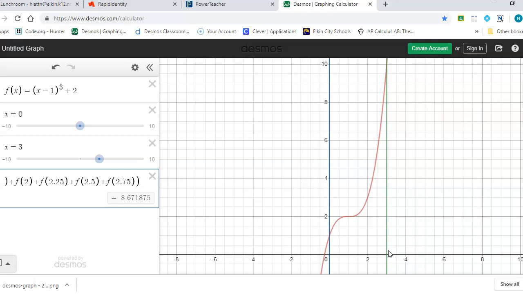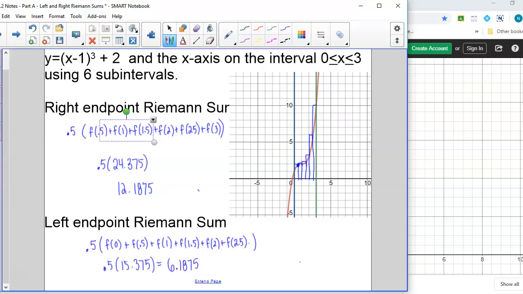If I'm doing the left, we would start using 0, so we would not use 3, and so I'd get 8.67187. So that would be my underestimate here, which is pretty much higher than this one, right? And probably a lot better.